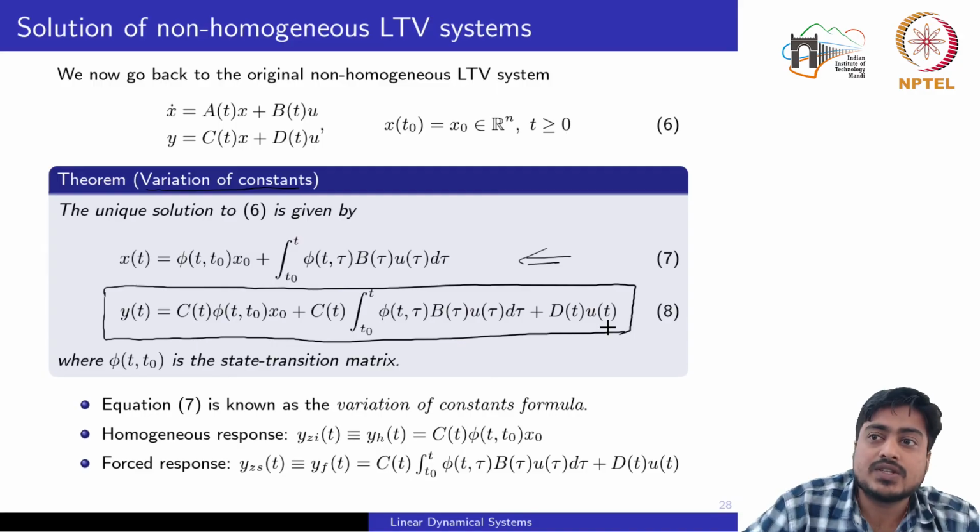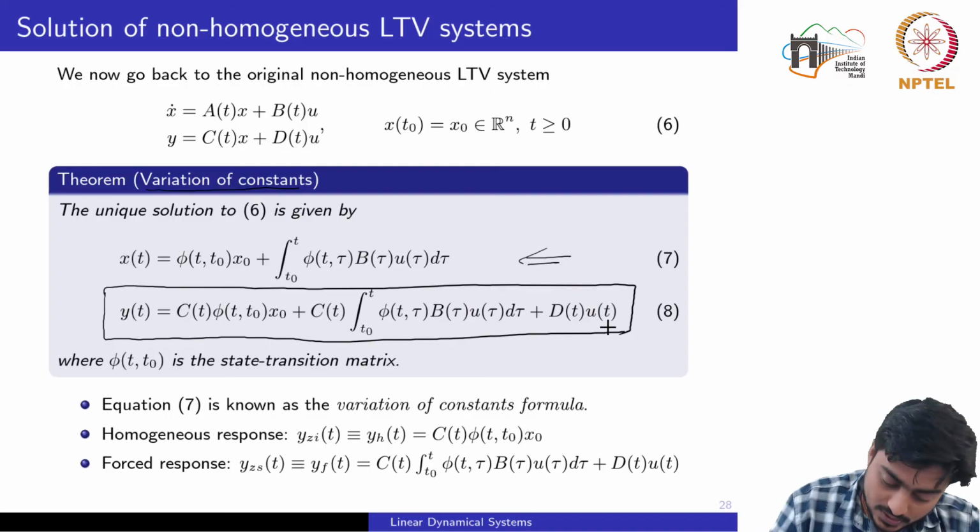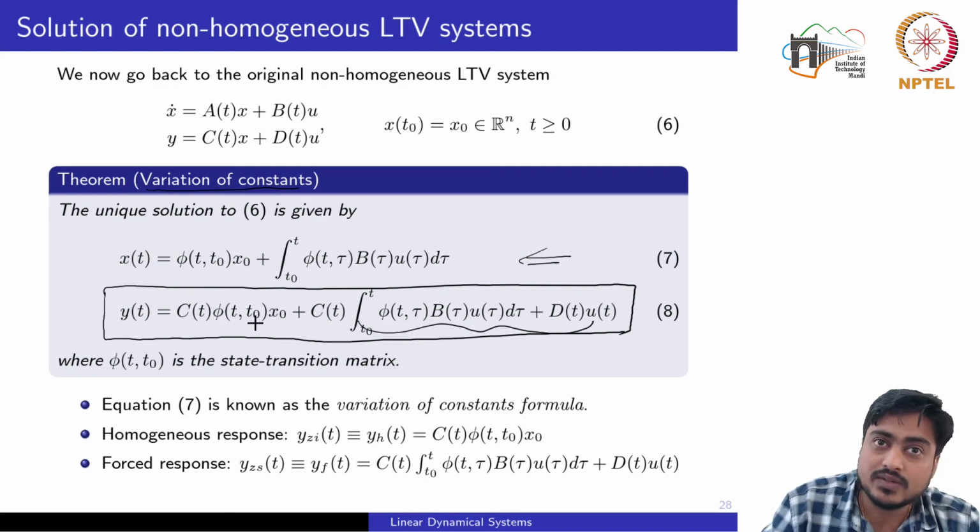In the last lecture we saw that the total response is driven by two individual responses: one is the zero state response and the other is the zero input response. So here if we put u(t) equal to 0, then this part will go away, and we would have only this one, which we saw in the last result also.